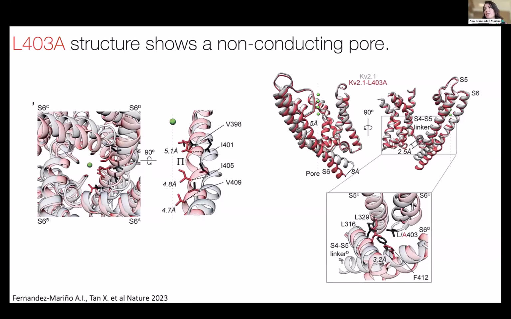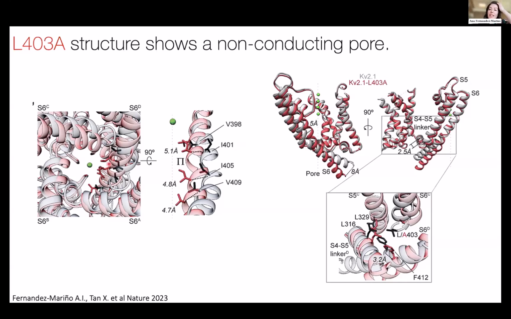And the hydrophobic nexus here is actually broken, so the phenylalanine is falling off the nexus. And of course, when we mutate the leucine to alanine, that moves that S6 too, which is the one that is exposing the residues.